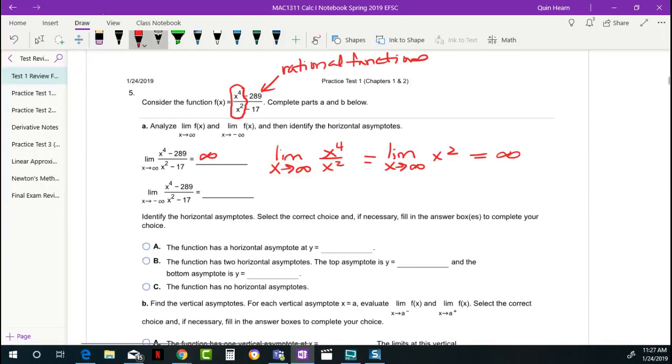And then for the next problem, limit as x goes to negative infinity, it's still the same function, so I'm going to use the same technique. The limit as x goes to negative infinity of x to the fourth over x squared would be just like finding the limit as x goes to negative infinity of x squared, because x squared goes into x to the fourth x squared times.